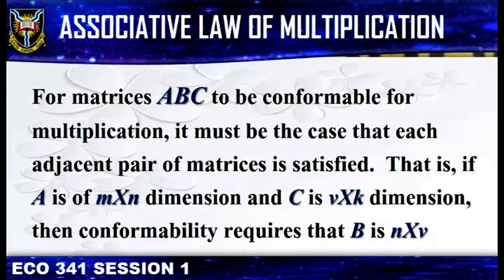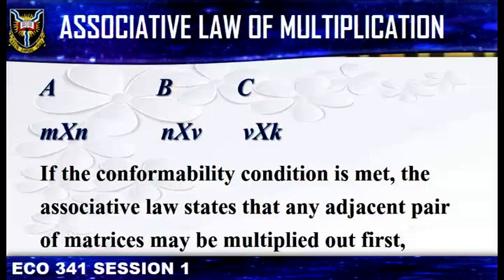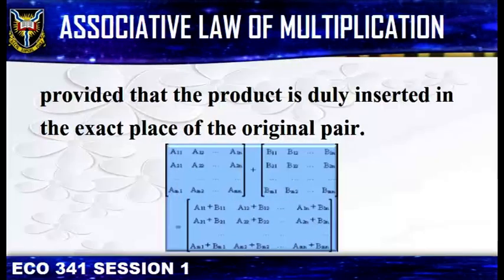That is, if A is of M by N dimension and C is V by K dimension, then conformability requires that B is N by V. A: M by N, B: N by V, C: V by K. If the conformability condition is met, the associative law states that any adjacent pair of matrices may be multiplied out first, provided that the product is duly inserted in the exact place of the original pair.